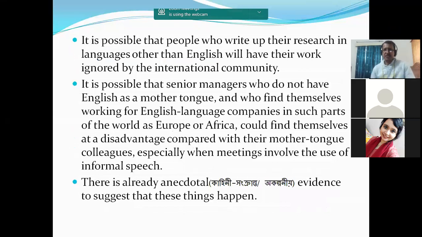And it's also possible that people who write up their research in languages other than English will have their work ignored by the international community. Okay. Suppose you are studying literature and you have been a novelist and you have written a novel, given a name, blah, blah.